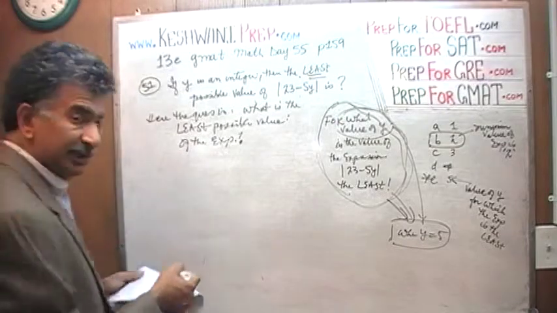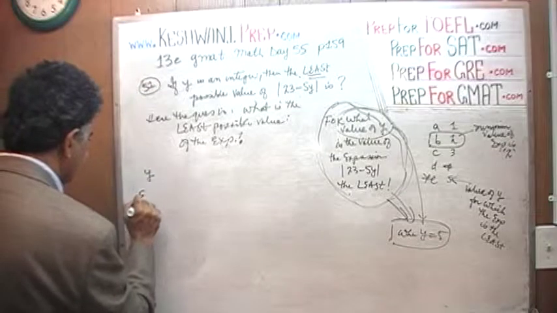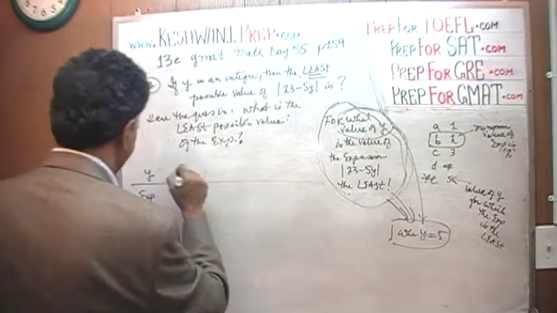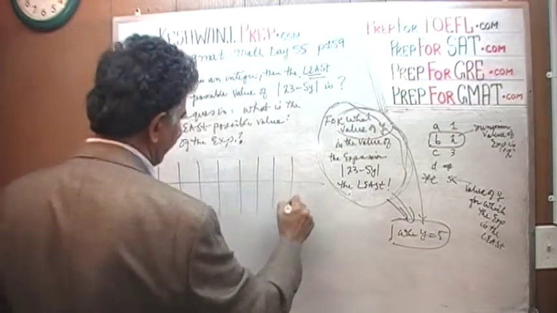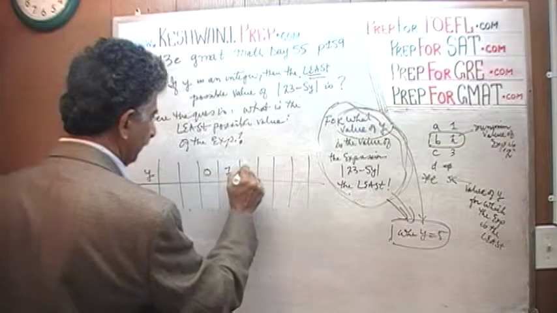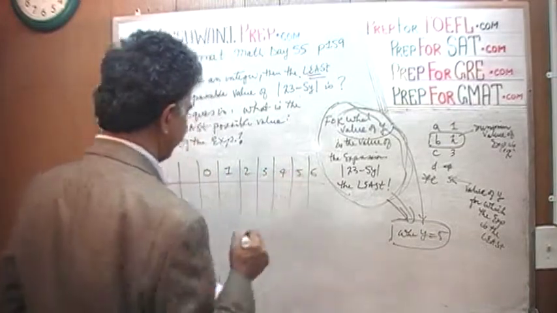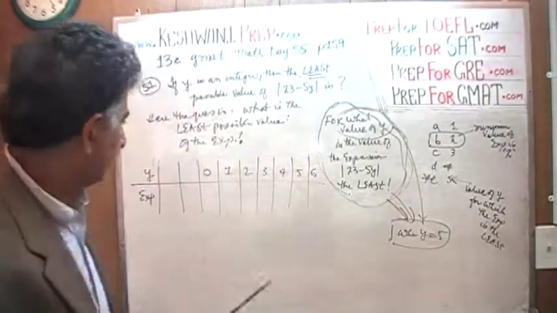For example, here are the values of y. Here's y, and here is our expression. Let's start with 0, 1, 2, 3, 4, 5, and 6. Let's see what happens, okay? We're going to figure out the values of the expression.